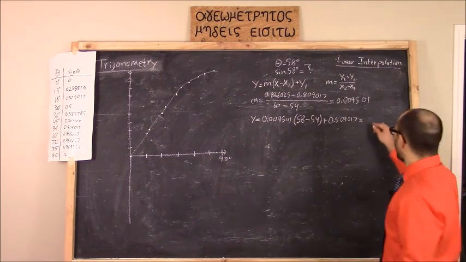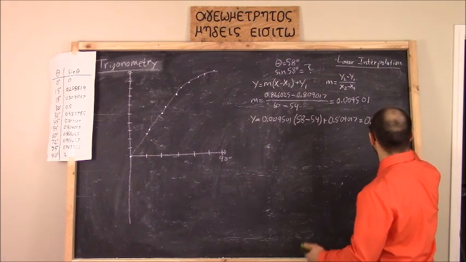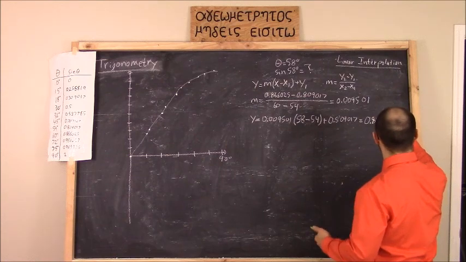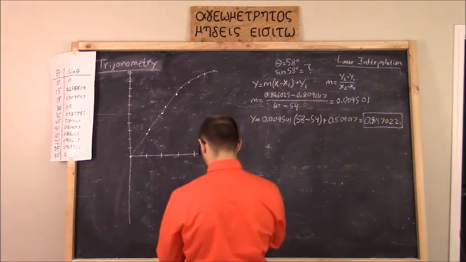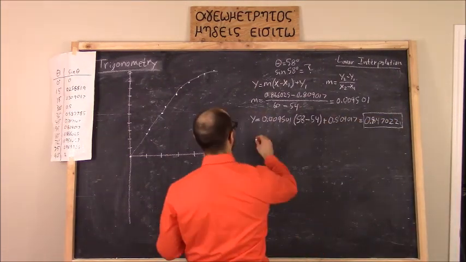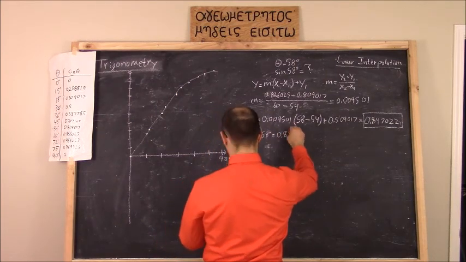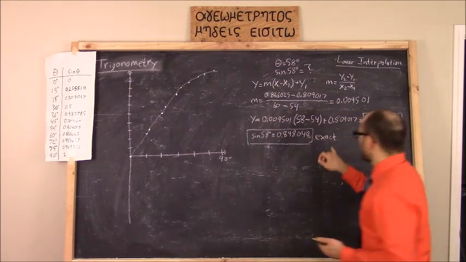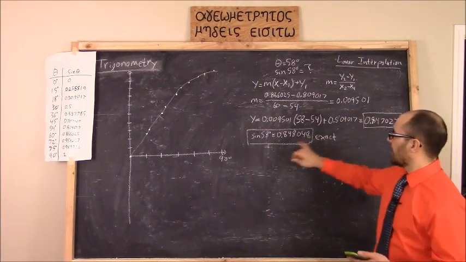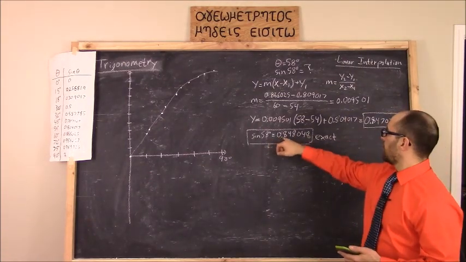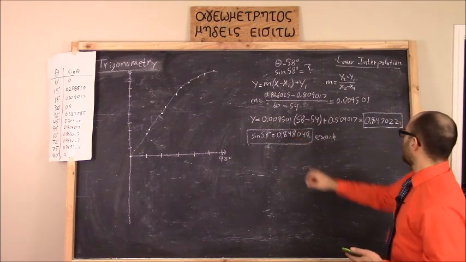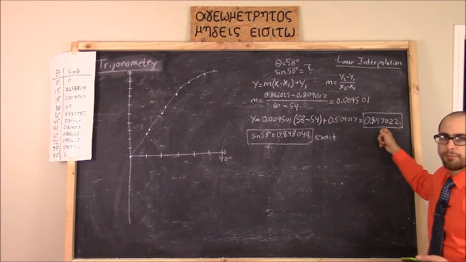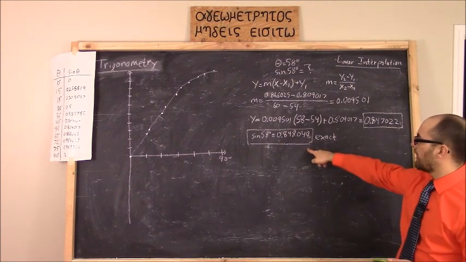So I get approximately 0.847022. So the exact value of sine 58 degrees is 0.848048. So our answer here is a pretty close approximation to the exact value.